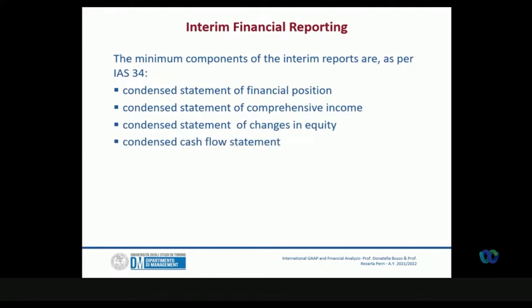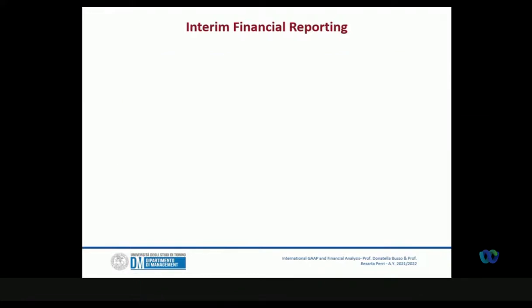Those are the 4 important mandatory financial statements, but in a condensed, summarized format, not with every line item that is usually reported on a yearly basis. And of course, they should be supplemented by some selected explanatory notes.